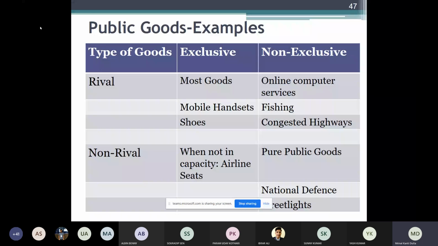Now, if we assume that there are only two people in the society who are actually deriving their benefits out of consumption of goods and services, some are private and some are public. In that case, the optimality will be associated with maximization of the individual welfare of one, subject to the condition that the other person's welfare is not reduced.